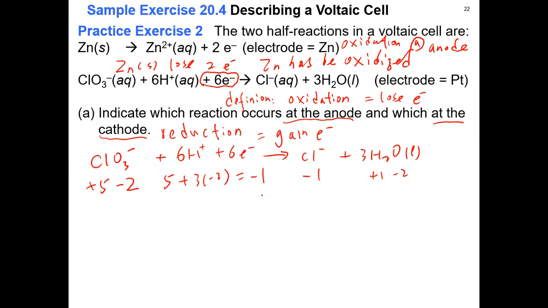So what has really been reduced is Cl, because chlorine's oxidation number changed from +5 to -1. If the oxidation number decreases, the element has been reduced. Therefore, this reaction is our reduction reaction, and this is at our cathode.